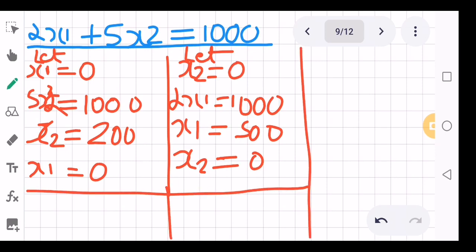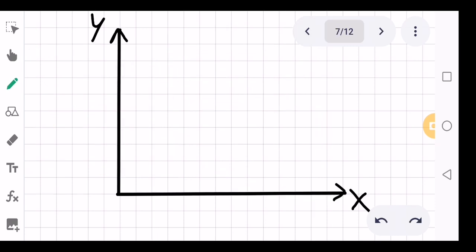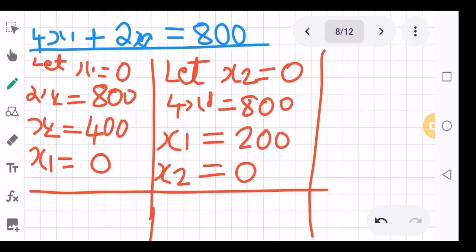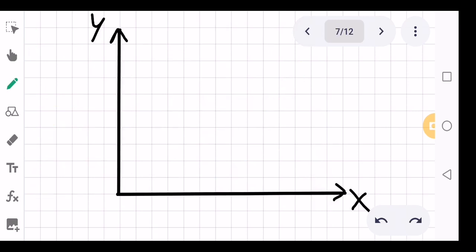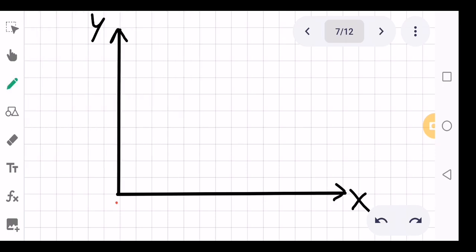Now let's assume in the graph that your x1 is x and your x2 is y.